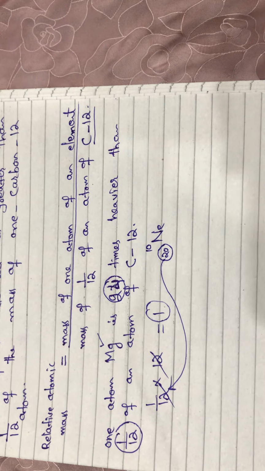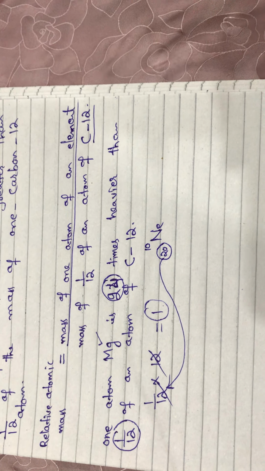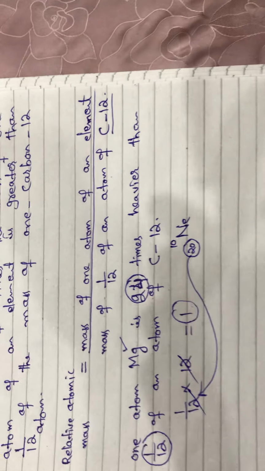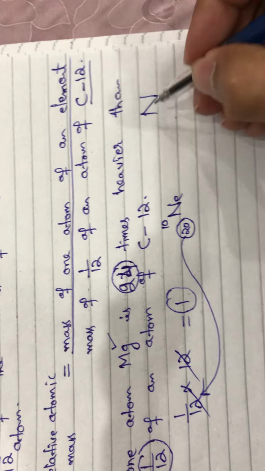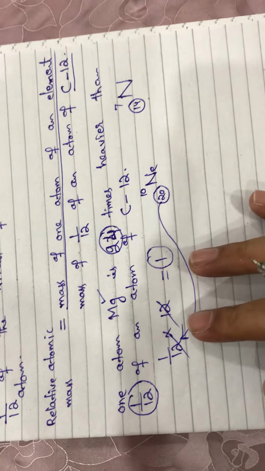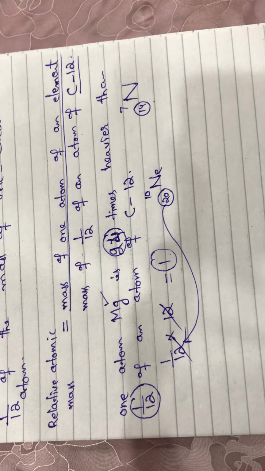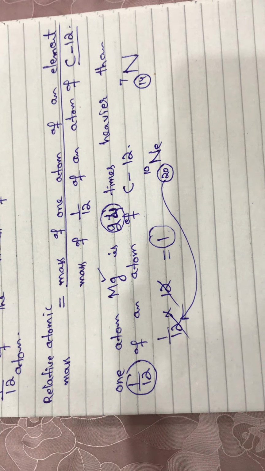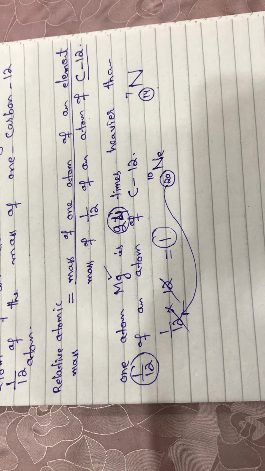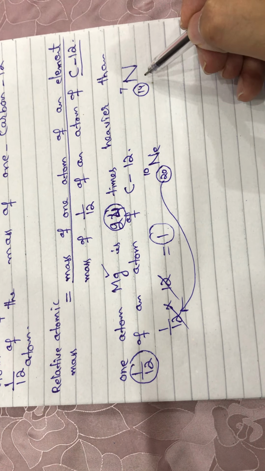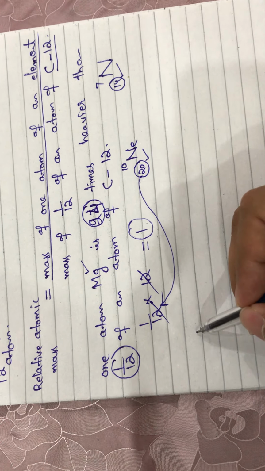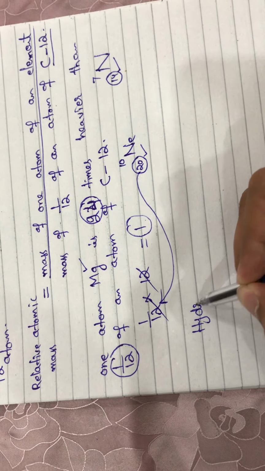And in this way, for other elements, just like nitrogen, one atom of nitrogen has 14 atomic mass. It means that it is 14 times heavier than 1 by 12 of an atom of carbon 12. Similarly, you can talk about hydrogen.